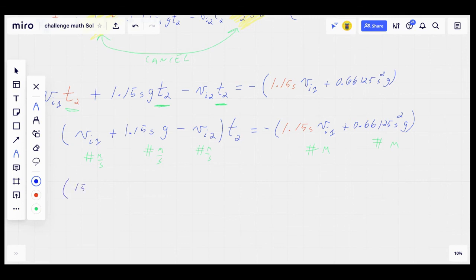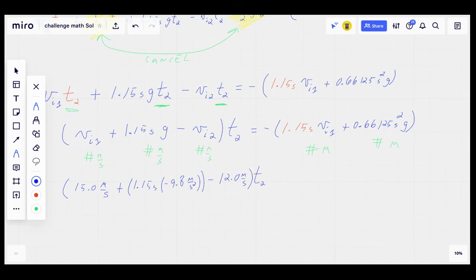So 15 meters per second. Now 1.15 is going to be multiplied by negative 9.8 meters per second squared minus 12 meters per second T2.